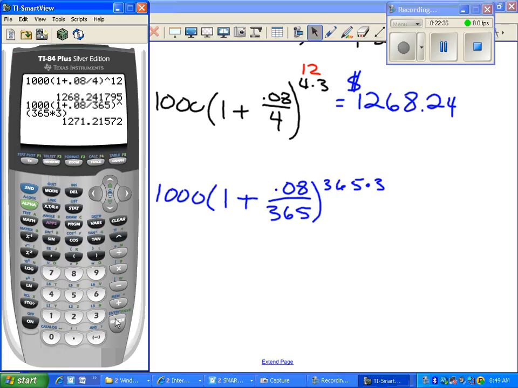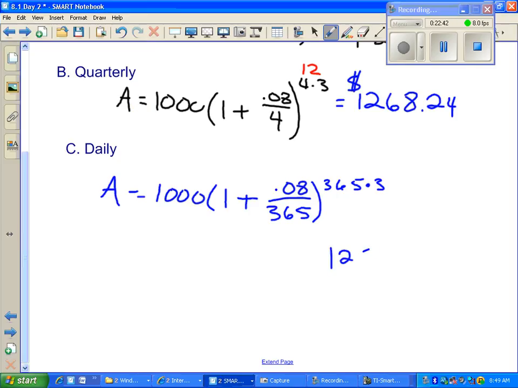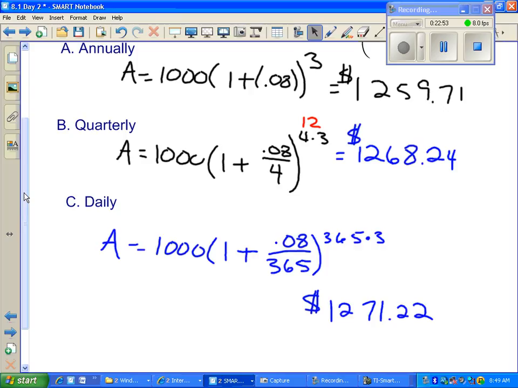And this gives me $1,271.22. Again, I haven't done anything differently here. The amount of money I put into the bank is exactly the same, but I went from $1,259 to $1,271, a difference of $12.